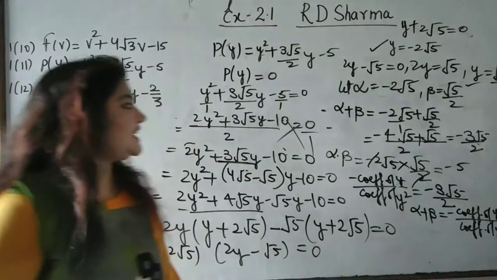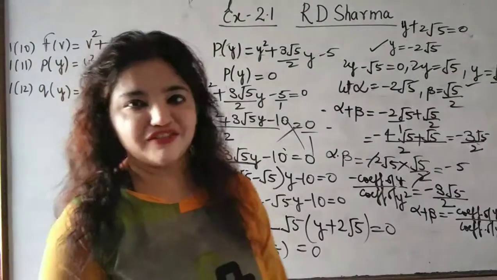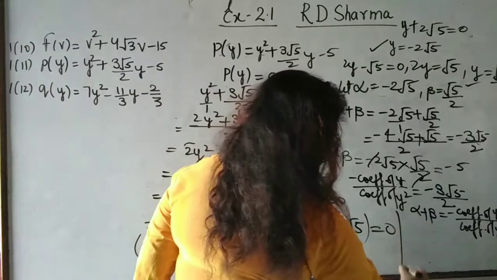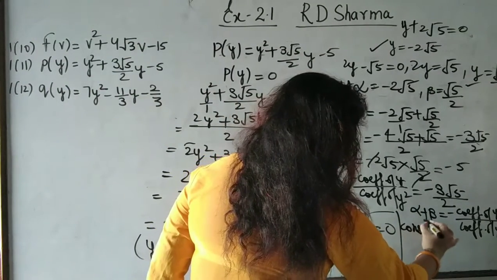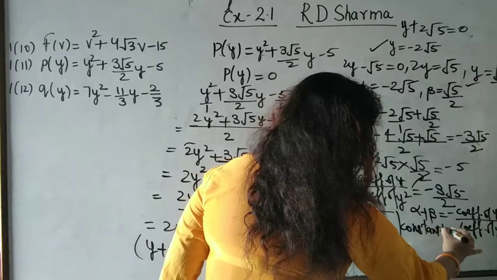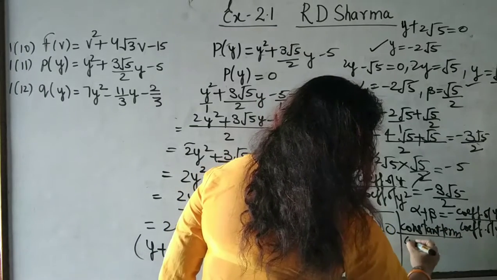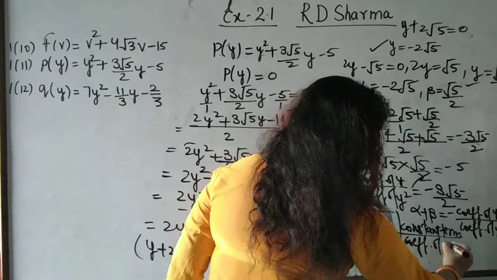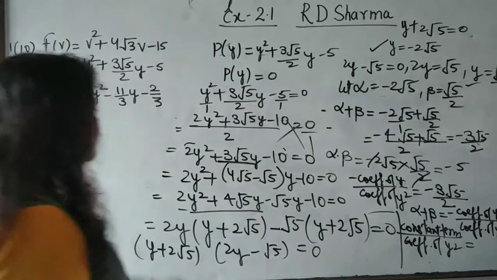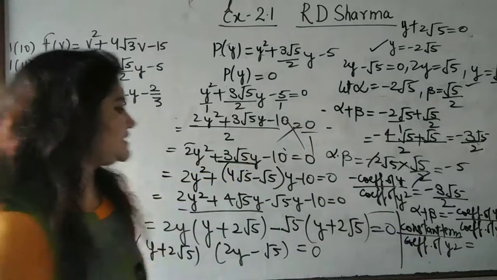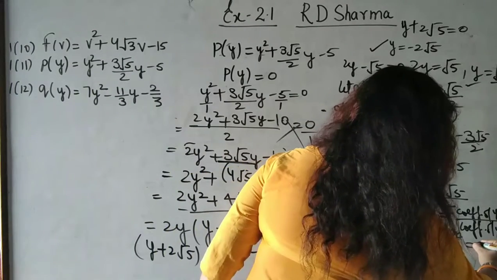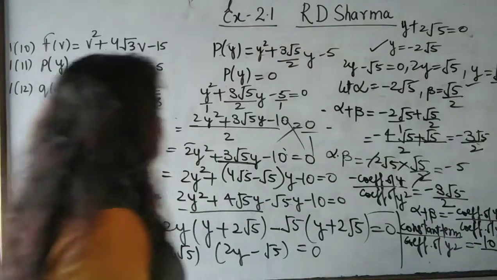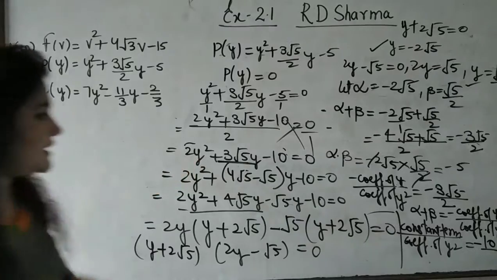And now we will check in terms of the constant term. That will be constant term upon coefficient of y square. What is the constant term? Constant term is minus 10, and coefficient of y square is 2.